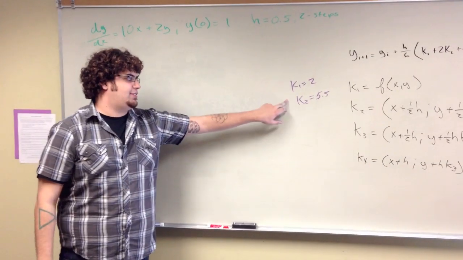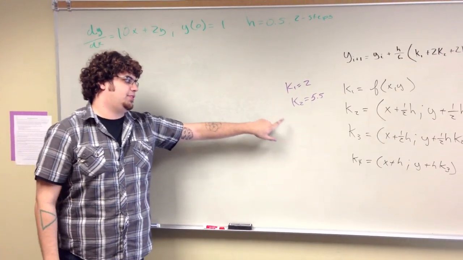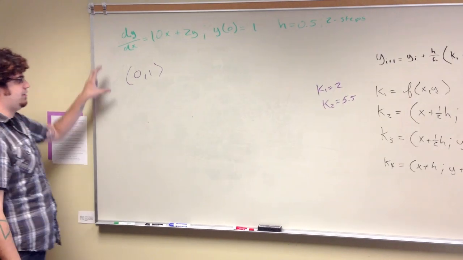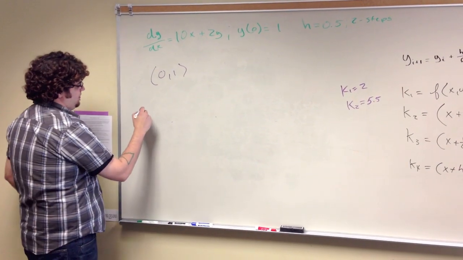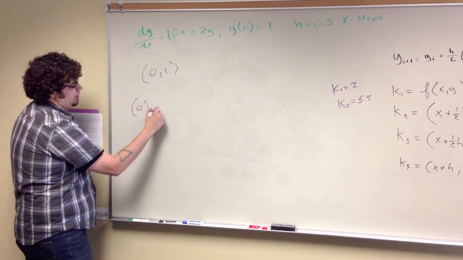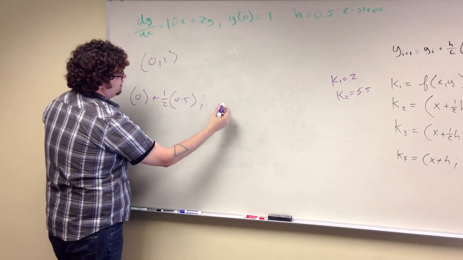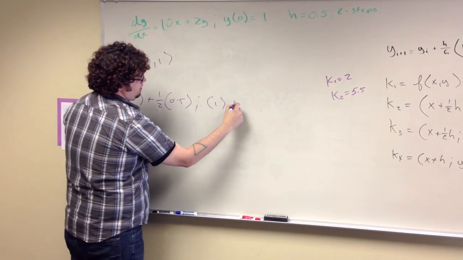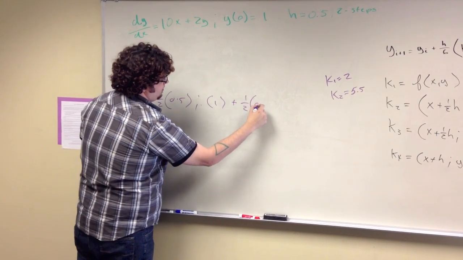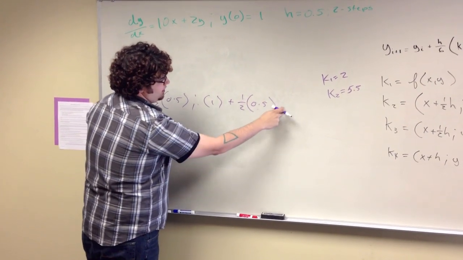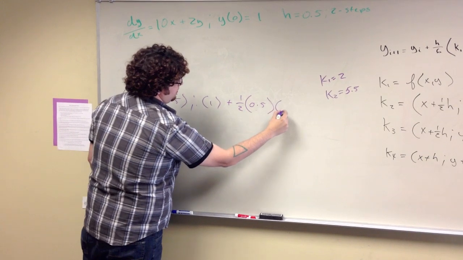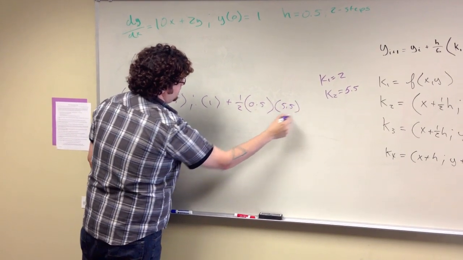So now that we have K2's value, we can repeat the process to get K3's value. Starting with our initial point of 0, 1, we know that x is 0 plus 1/2 of our step size of 0.5, and then y is 1 plus 1/2 our step size, and this time we're going to use K2's value, which is 5.5.